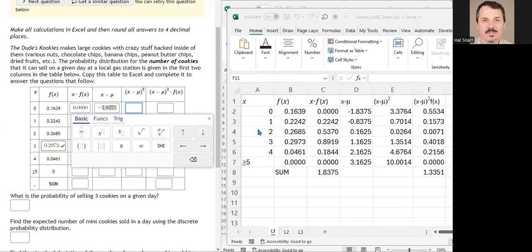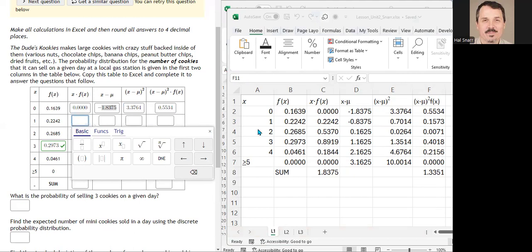Now the square deviation from the mean is 3.3764. When I multiply that by the probability, I get 0.5534. Okay, now when I multiply x equals 1 times its probability, I get 0.2242.